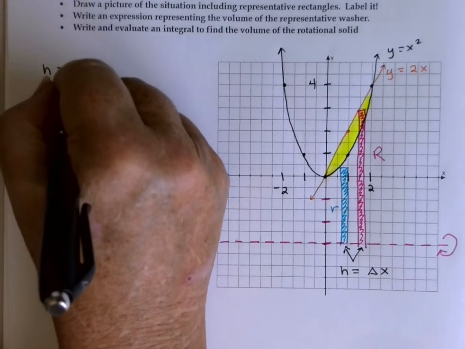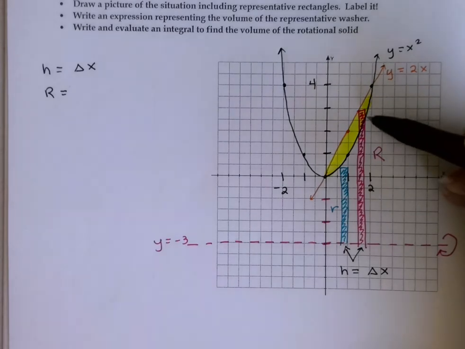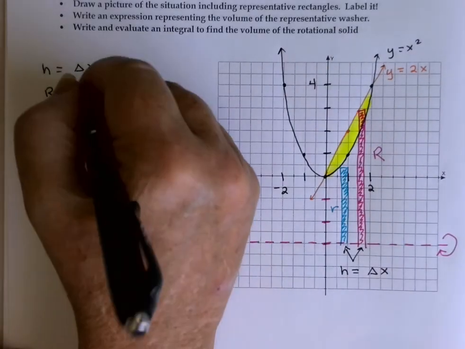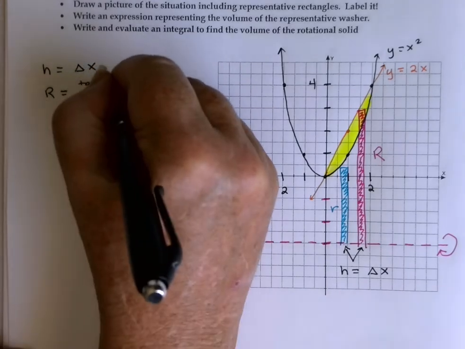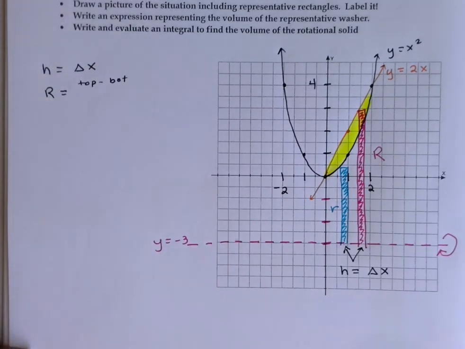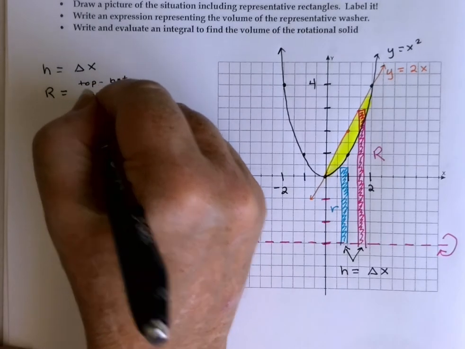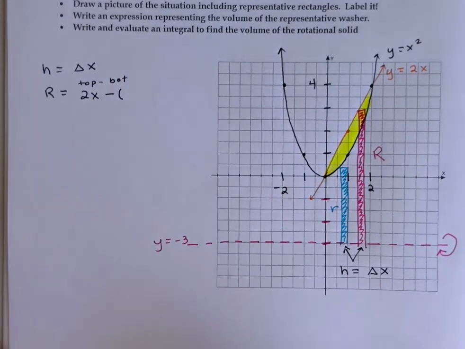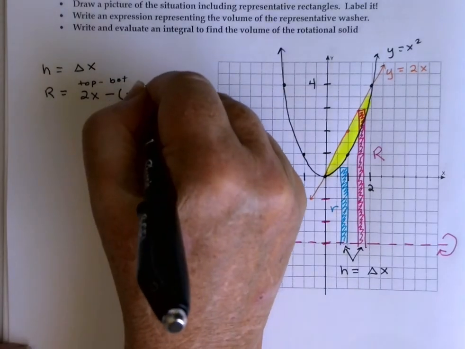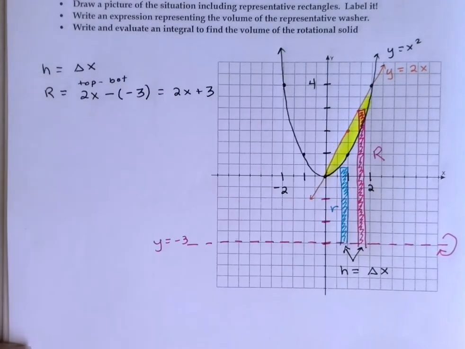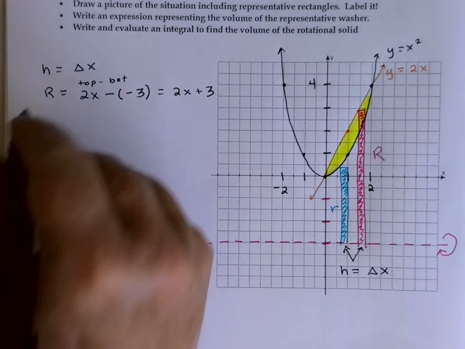So capital R. This time, since I don't stop at the x-axis but go all the way down to here, I'm going to think top minus bottom. And the top of this rectangle is on the line y equals 2x, minus the bottom, which is at y equals -3. So 2x plus 3 is capital R.